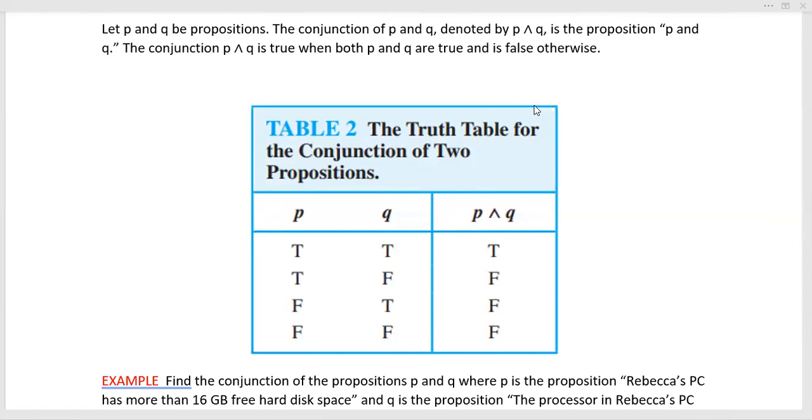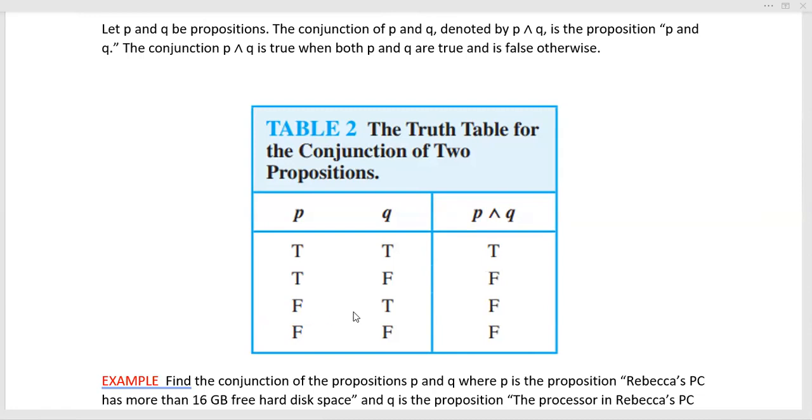Bhumesh, please unmute and read the truth table of conjunction. If P and Q are true, then P and Q is true. If P is true and Q is false, then P and Q is false.